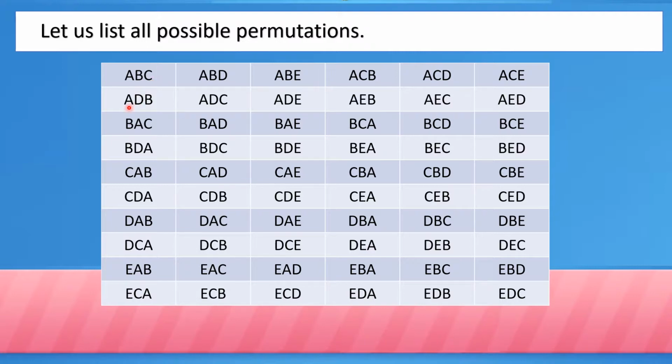On the other hand, Andrew is the president, Daryl is the vice president, and Brian is the secretary. On the third permutation, we will have Brian as the president, Andrew is the vice president, and Charlie is the secretary. When we list down all of these, we will still come up with 60 permutations.